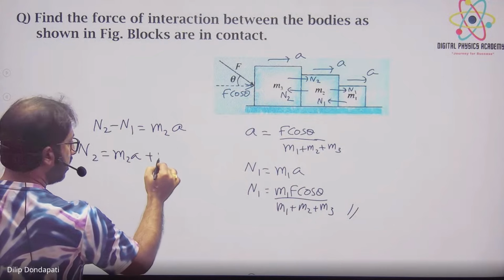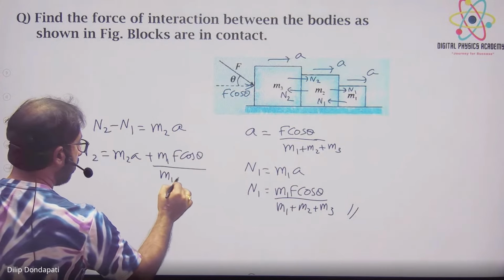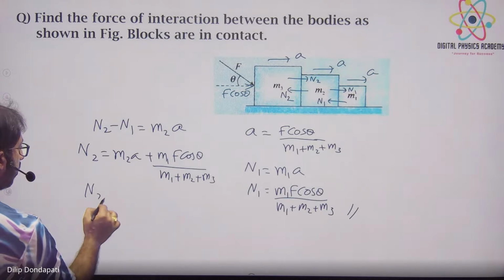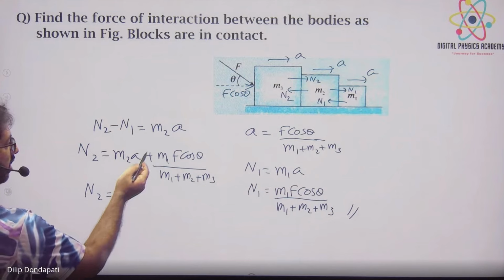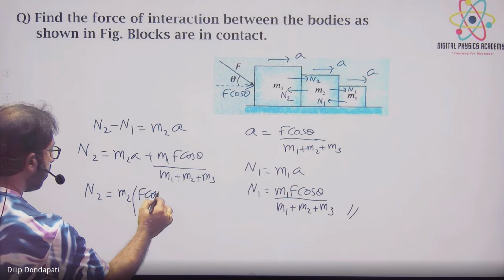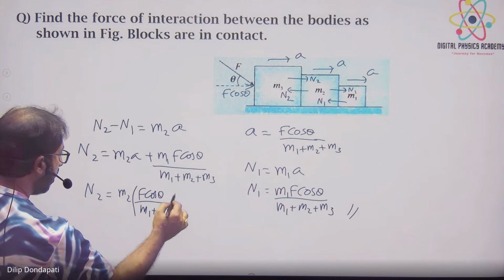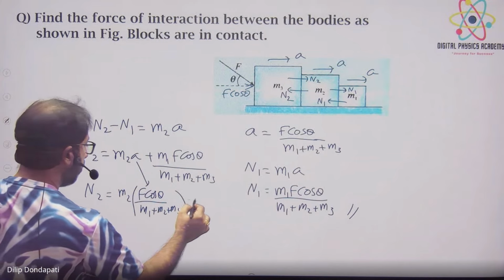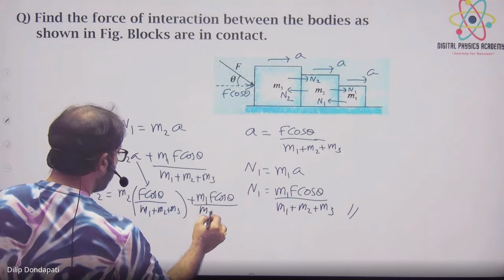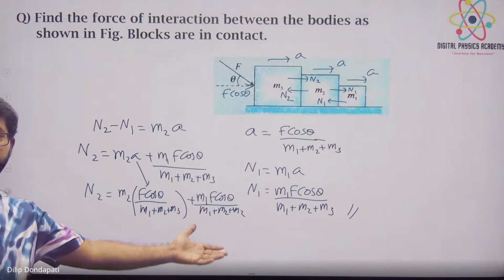So plus m1 F cos theta by m1 plus m2 plus m3. Taking m2 common, putting F cos theta by m1 plus m2 plus m3 in place of acceleration, plus m1 F cos theta by m1 plus m2 plus m3. Done. If you know the values you can solve, but this is the idea.